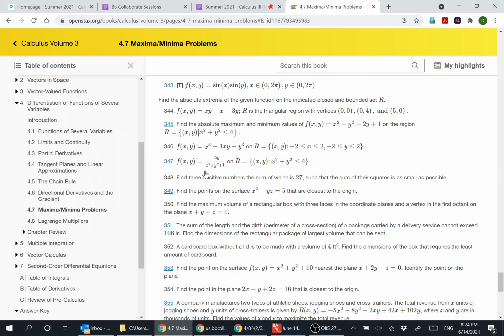Could you go over vertical traces? The level curves, you mean? The contour? Well, contour maps, yeah. So where did we do that? Was it in 4.1 or was it in 4.3? I guess it was in 4.1, huh?